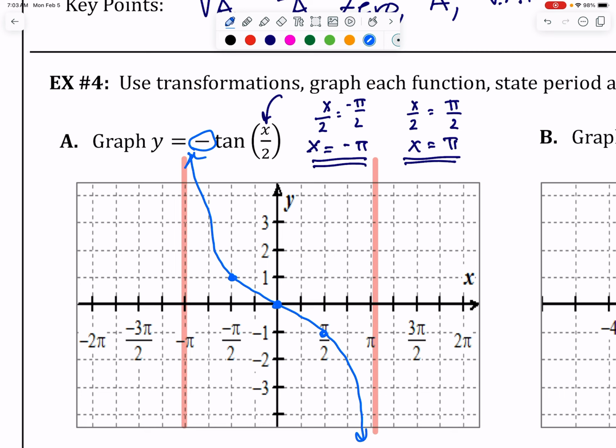Sorry, it's not a beautiful graph, but it's good enough. And right here, it would be here and here. And over here, it's going to be there and there. So it's coming in like that. So there's our graph.